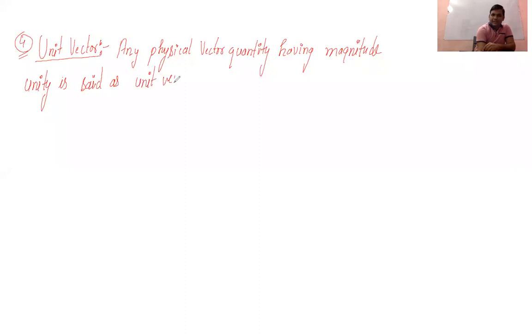It is always written with a cap. This cap is a representation of a vector, A cap. The formula of this will be A vector upon magnitude of A. Modulus of A vector means the magnitude of A vector.